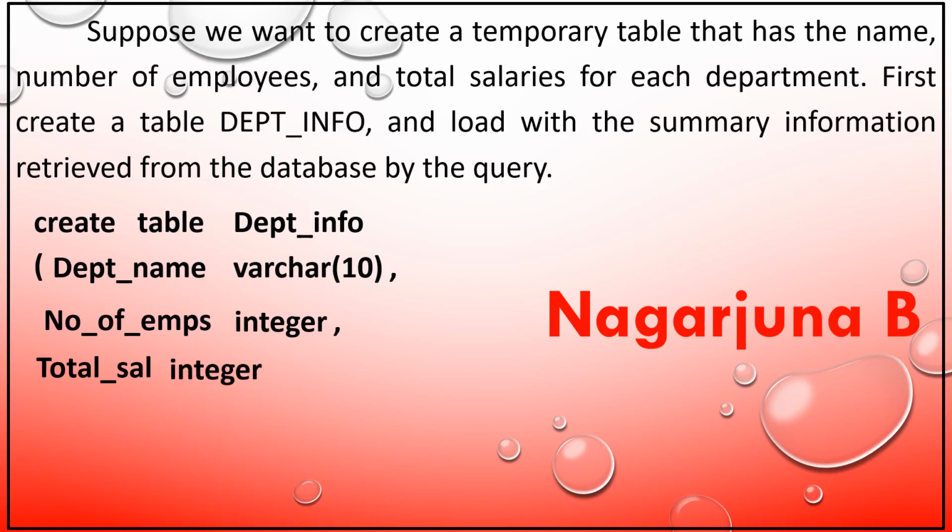and then integer. After a single space, not comma, just a single space, then integer. So this is the data type for the total salary. Then close the bracket, semicolon.